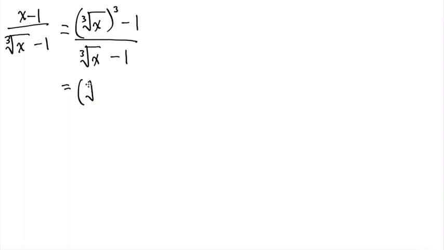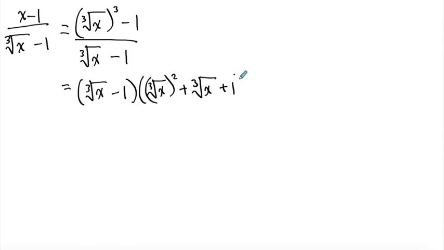So it would be the cubed root of x minus the cubed root of 1, multiplied by the cubed root of x squared, and then plus the cubed root of x plus 1.